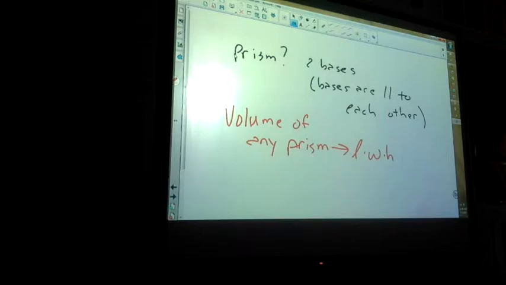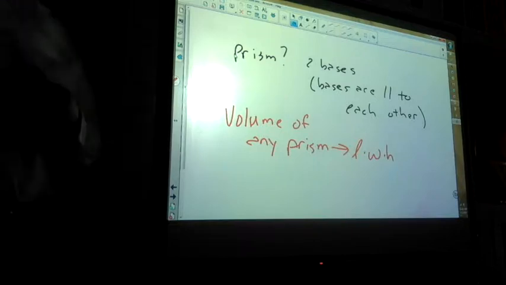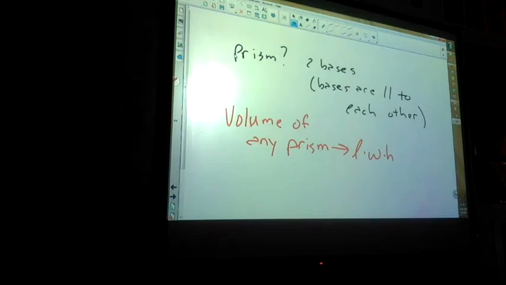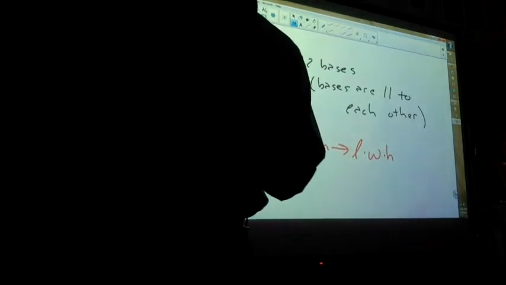So length times width times height. Okay? And again, each of those dimensions is offset by 90 degrees. You're in a three-dimensional thing. Once you talk about the volume of something, it is now in cubic units, or cubic feet, or cubic inches, or cubic yards, or anything like that. Okay?